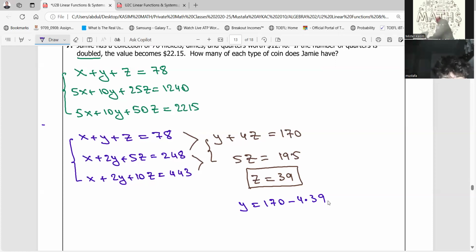So y equals 14. And then if we plug it all in, x equals 25.